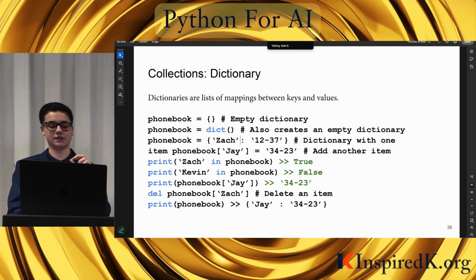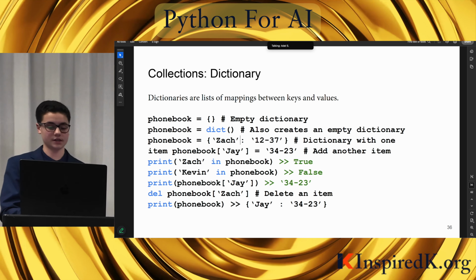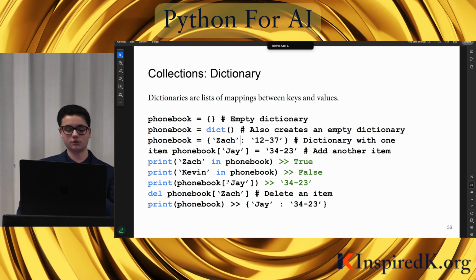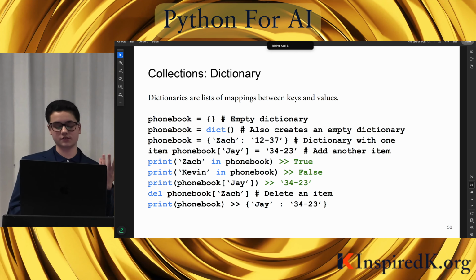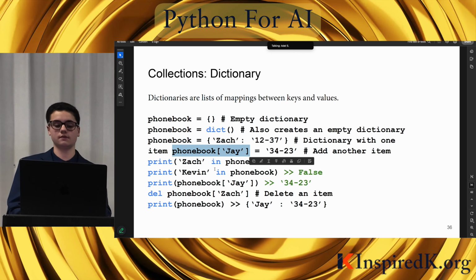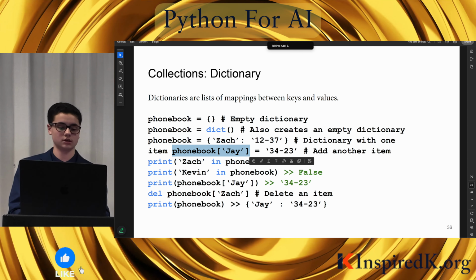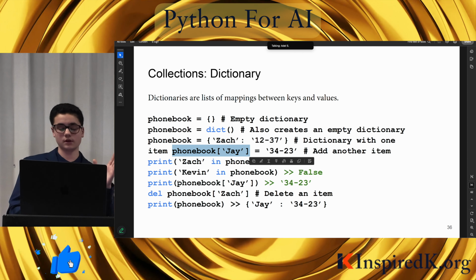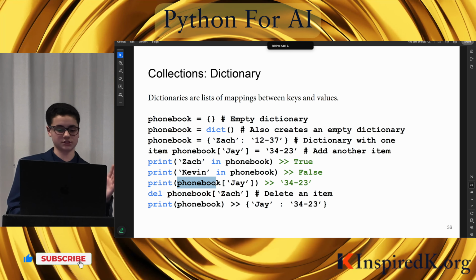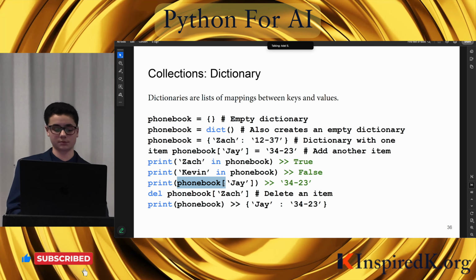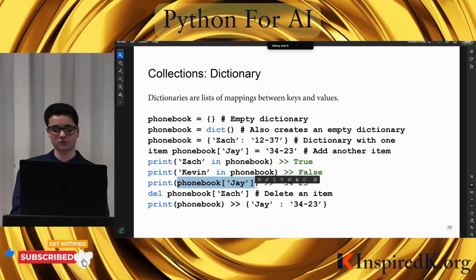To get the corresponding value for a given item in our dictionary, we can use the similar syntax to defining a key value pair, but instead of defining a value equal to a key, we just use the key accessing part, which is the phone book, open square brackets, J, close square brackets.